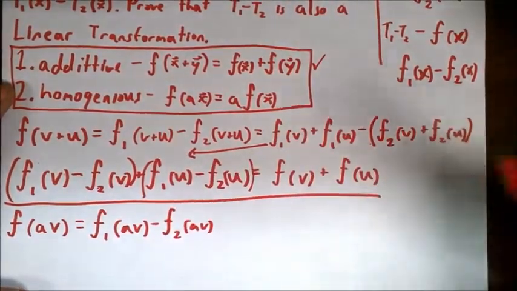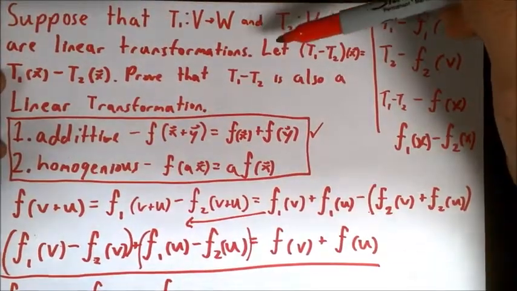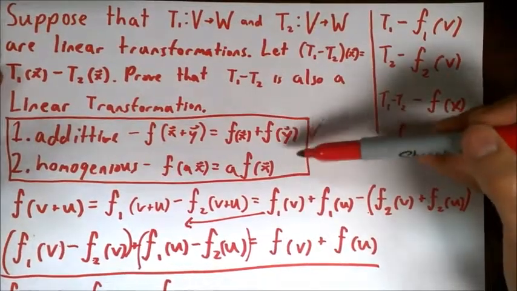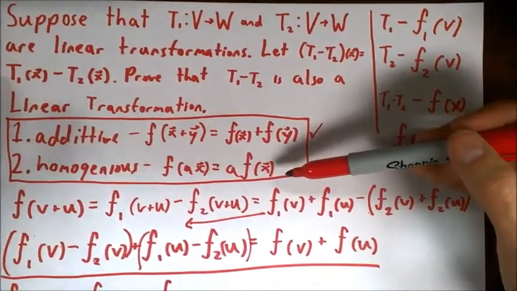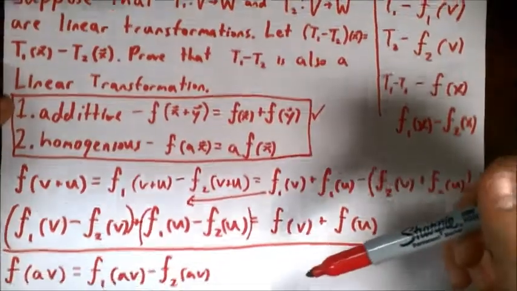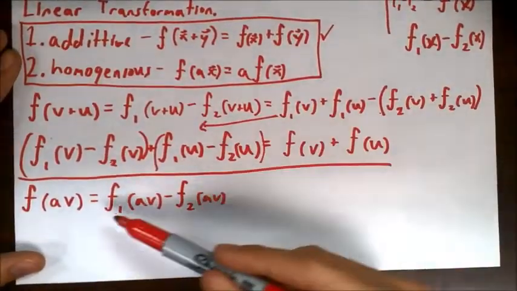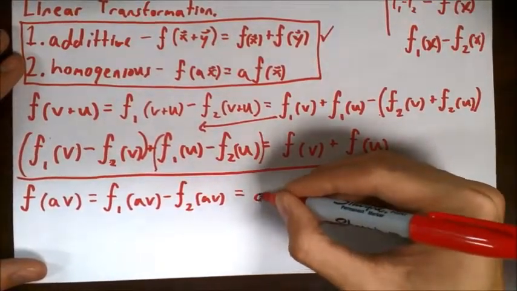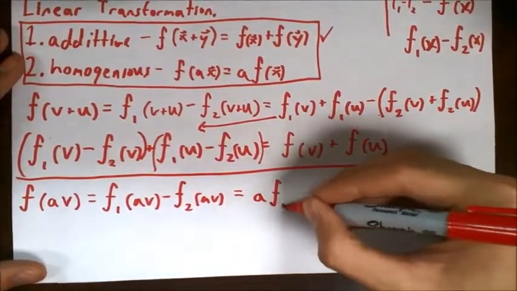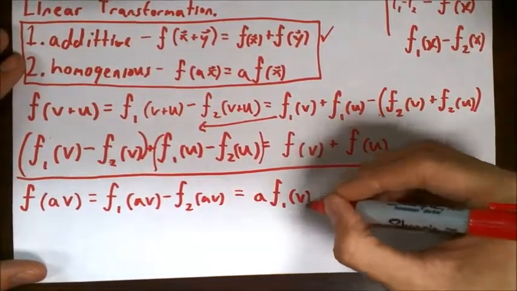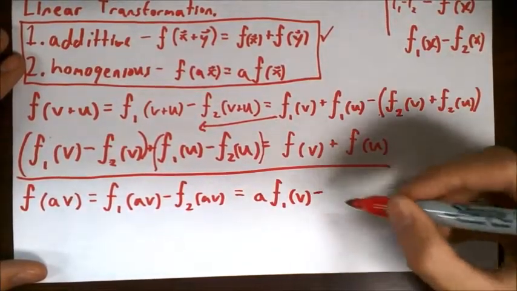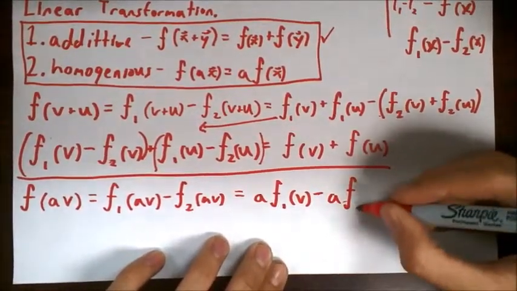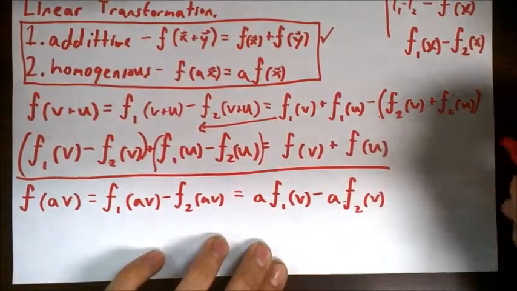And again, since we know that both f1 and f2 are linear transformations, they again have the properties of being additive and homogeneous. So since they are homogeneous, we know that f1 of av is the same as a times f1 of v, and f2 of av is the same as a times f2 of v.